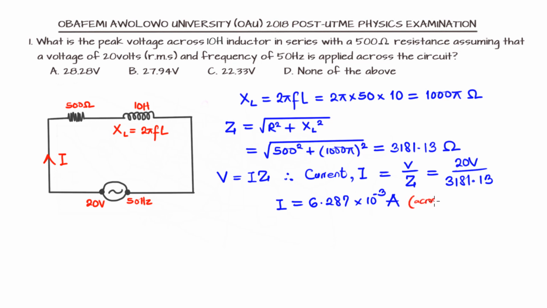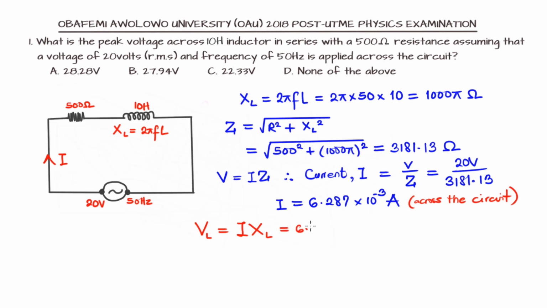So now this is the current across the whole circuit, and it remains the same because current in a series circuit remains the same. So now we can find the voltage drop across the inductor. Since we now know the current and we know the inductive reactance of the inductor, the voltage across the inductor is going to be current multiplied by the inductive reactance XL.